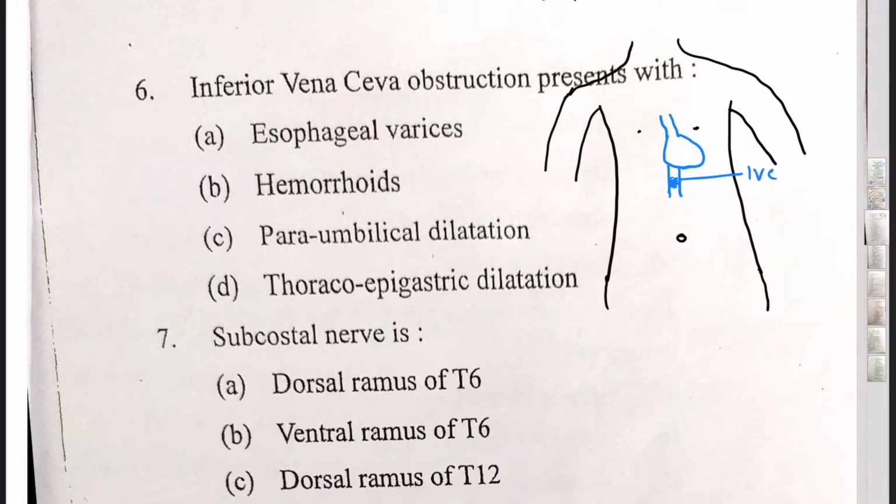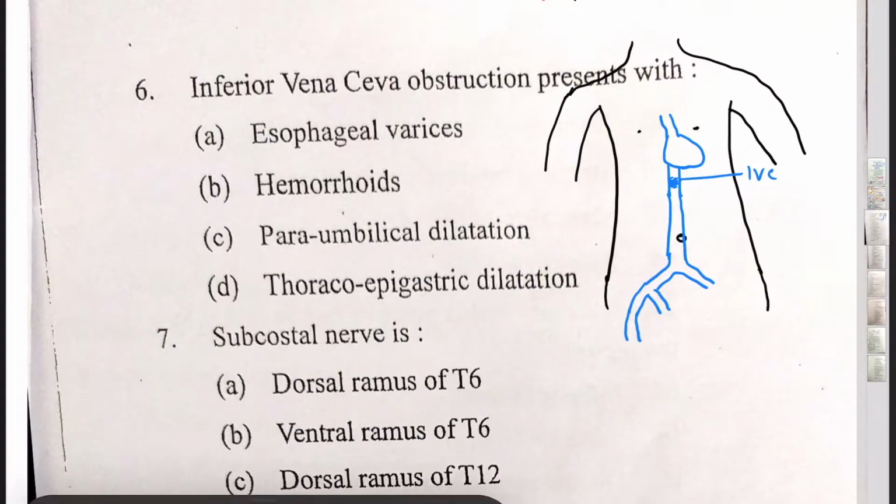Now the inferior vena cava, at the level of L5, divides into right and left common iliac veins. These common iliac veins soon divide into external and internal iliac veins. Now the external iliac vein continues as the femoral vein after crossing the inguinal ligament, right?